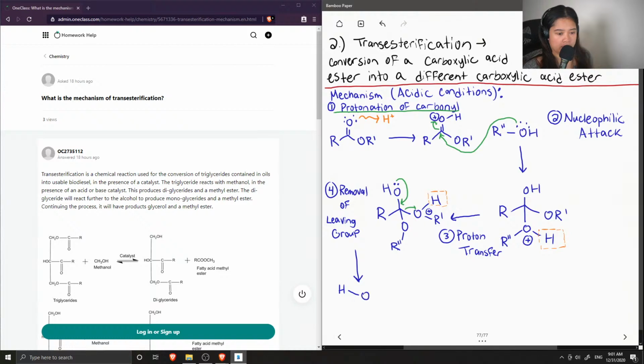So now this oxygen has a double bond and is positively charged. And you can already see that a new ester is formed with the R double prime side group. Draw the hydrogen on this end.